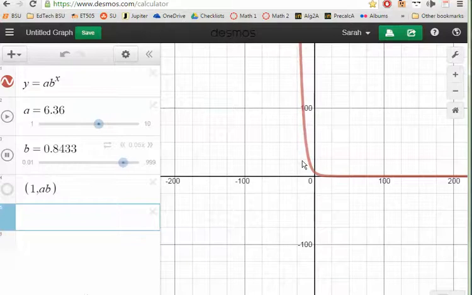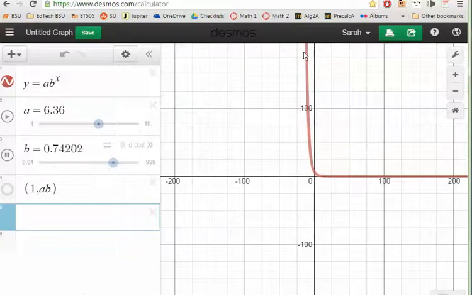And so each of these different functions have some applications which we'll look at in class this week in the next part of the section. But essentially decay is just what it sounds like. Something is decaying over time, such as radioactive decay, or population decay, or something that is decreasing over time.